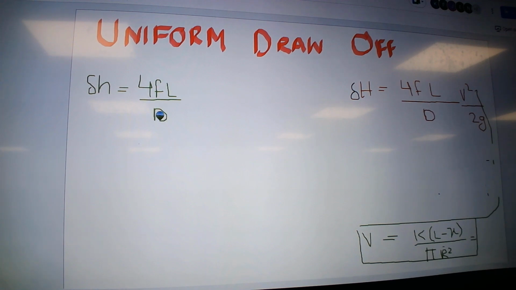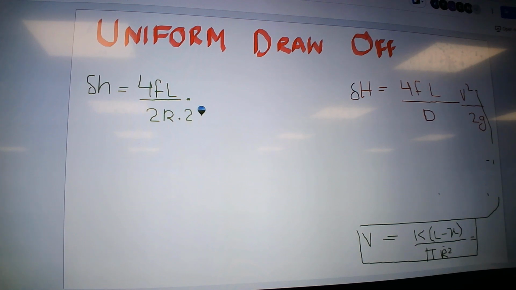Instead of d, just to make it easy, I can write 2r, because d is equal to 2r, multiplied by v square over 2g. So the 2g remains here. I'm just going to copy the 2g on this side.